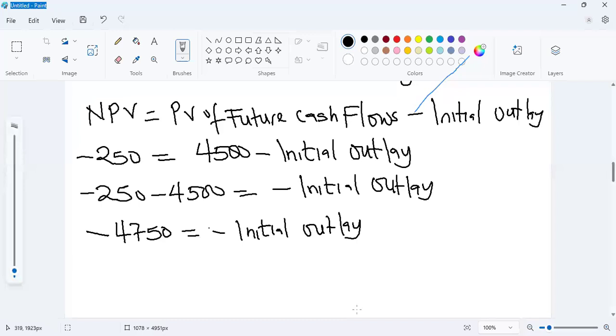We strike out negative. That means our initial outlay for this project is equal to 4,750.